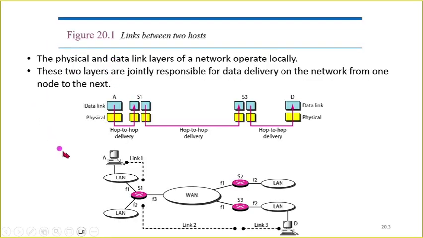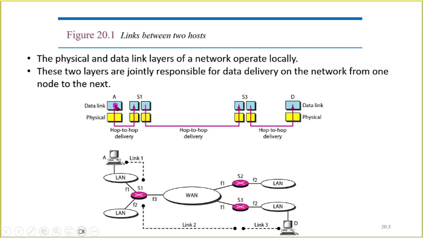So here it is showing how we can consider the connection between source and destination at the physical and the data link layer. If we are having the physical and data link layers inside a network, then it will be used for local operation, an operation that takes place with hop to hop type of delivery.